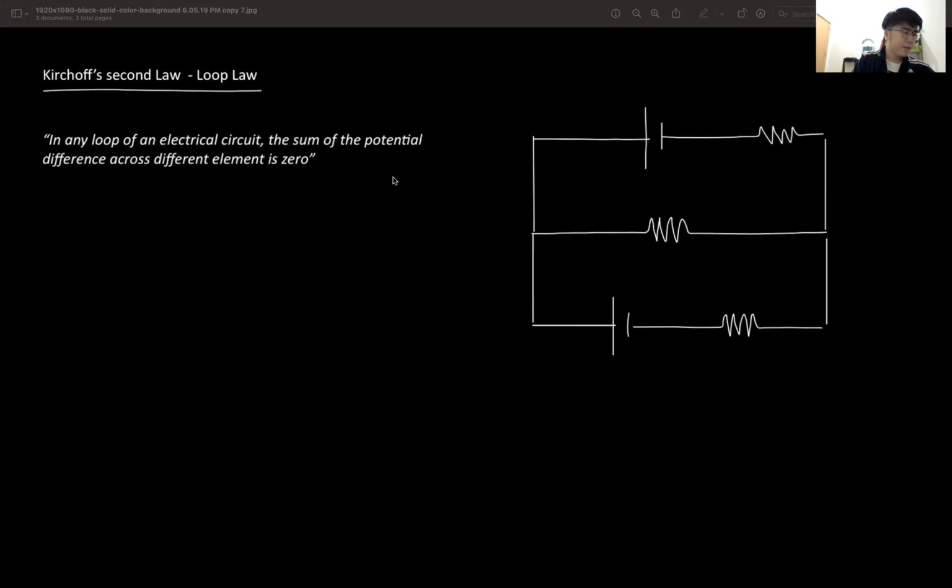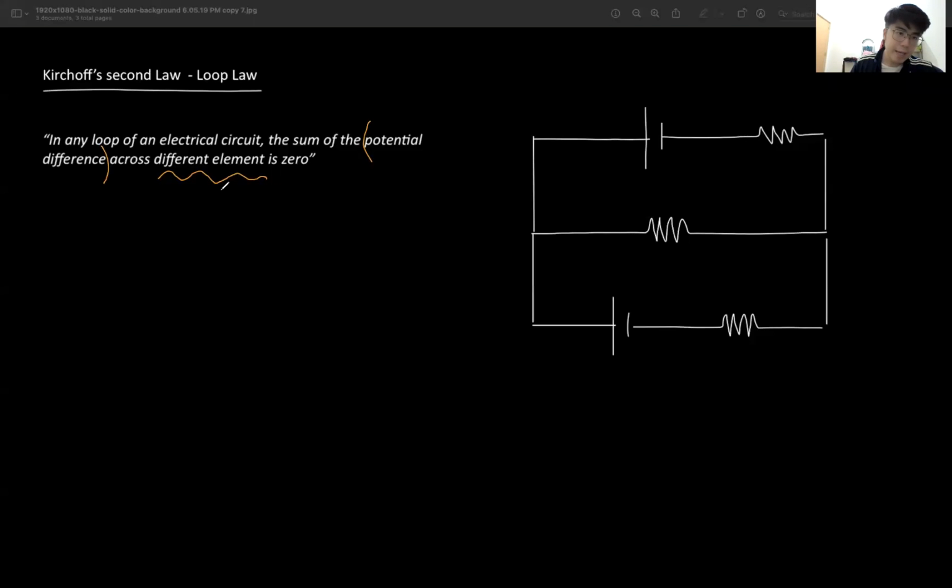Okay, now Kirchhoff's second law, loop law, is also, you call it the voltage law. Now, what does it say? It says that in any loop of an electric circuit, the sum of the potential difference across different elements is 0. Now, what do I mean by element over here?